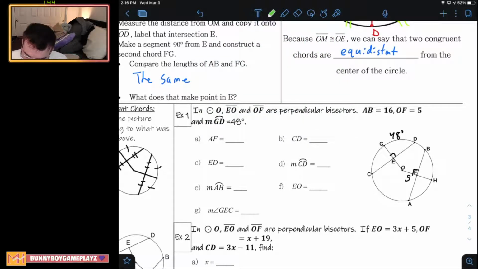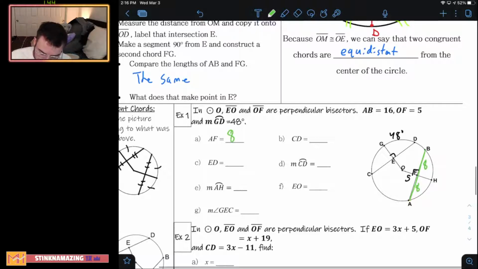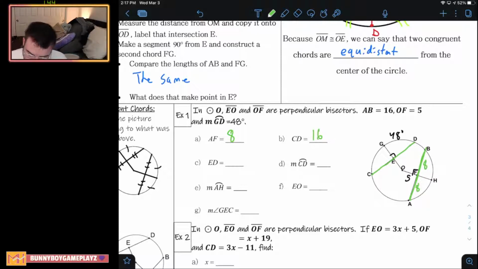So if AB is 16, then AF is 8 and FB is 8. And if A to B is 16, then C to D is 16. And therefore CE is 8 and ED is 8.